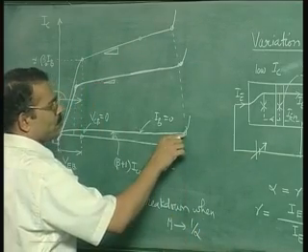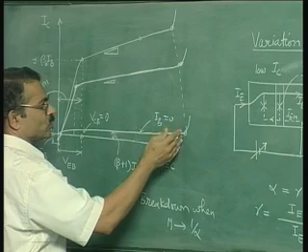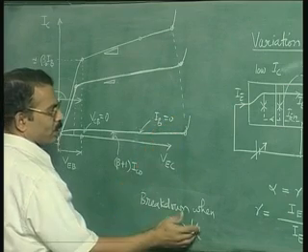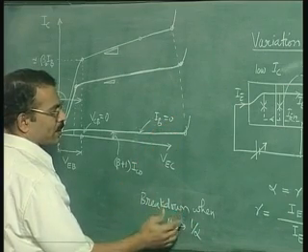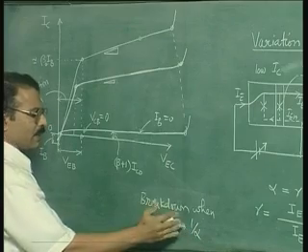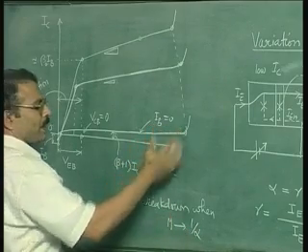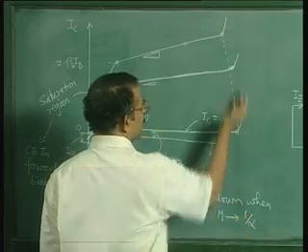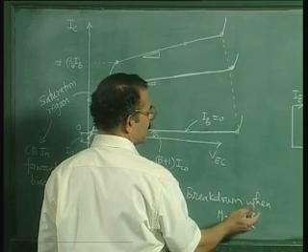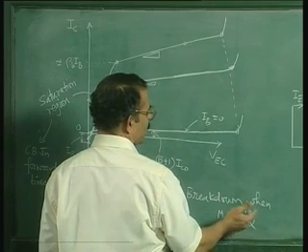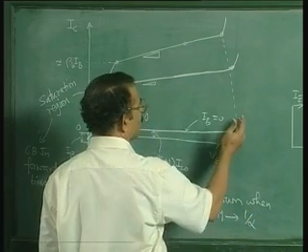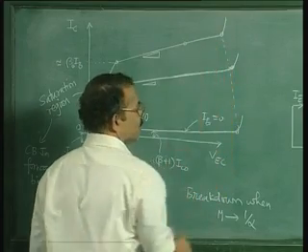Now alpha is low for low values of IC or low values of IB. So multiplication factor required for breakdown is higher, 1 by alpha is higher, so M is higher. As your collector current goes on increasing, your alpha goes on increasing, therefore multiplication factor required for breakdown goes on falling, therefore the breakdown voltage falls.